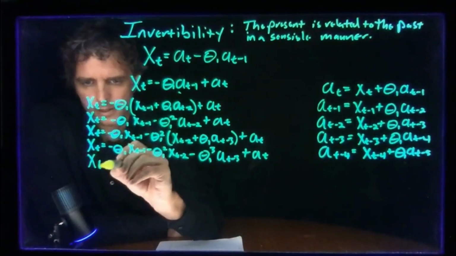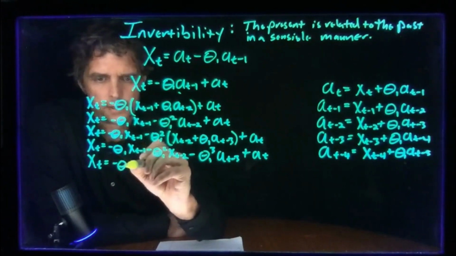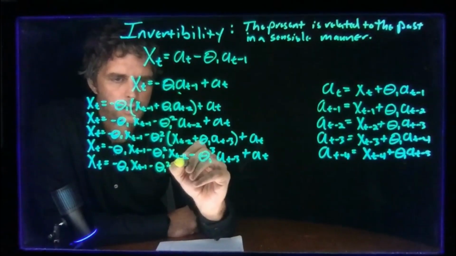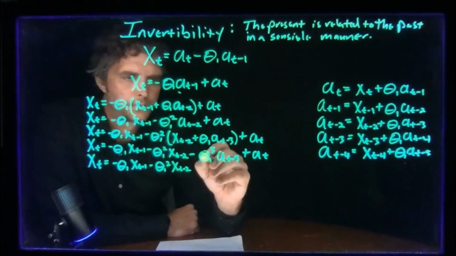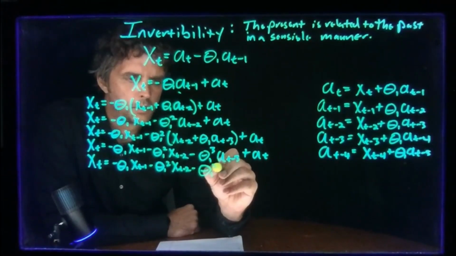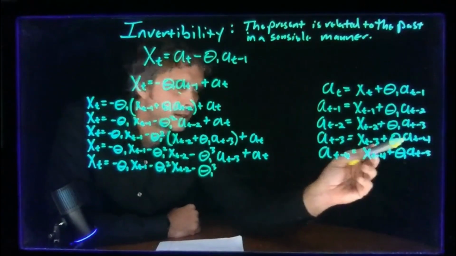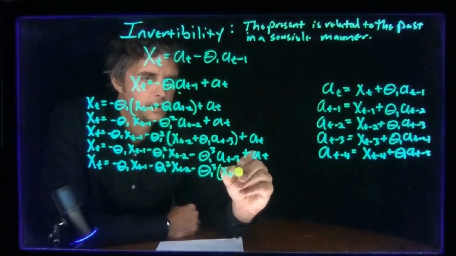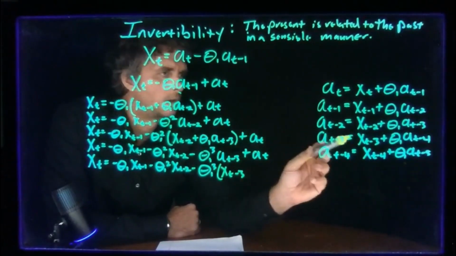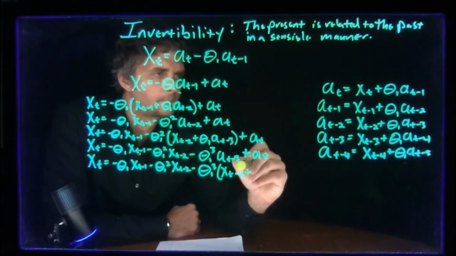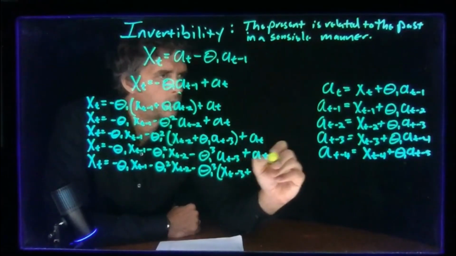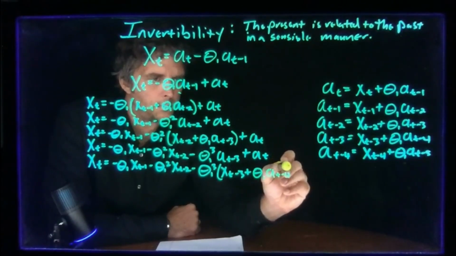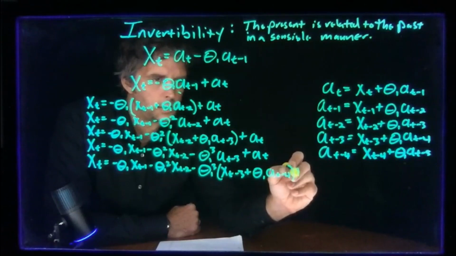So if we have XT equals negative theta 1 XT minus 1 minus theta 1 squared XT minus 2 minus theta 1 cubed AT minus 3, there's AT minus 3. So I'm going to plug in that. That is XT minus 3 plus AT minus theta 1 AT minus 4, plus AT.